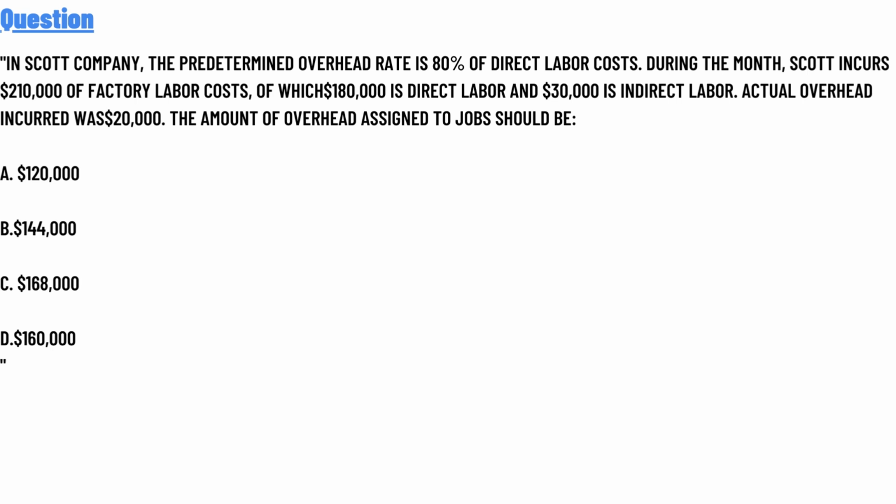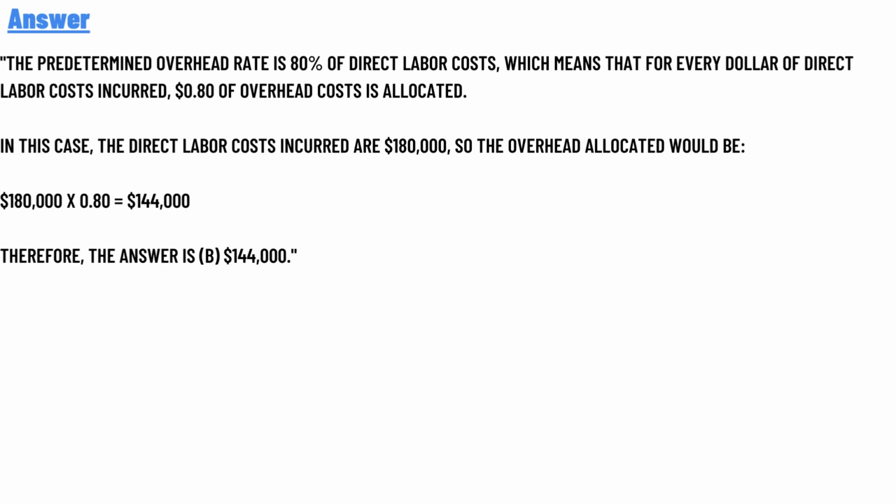Actual overhead incurred is $200,000. The amount of overhead assigned to the jobs should be: option A $120,000, option B $144,000, option C $168,000, option D $160,000.